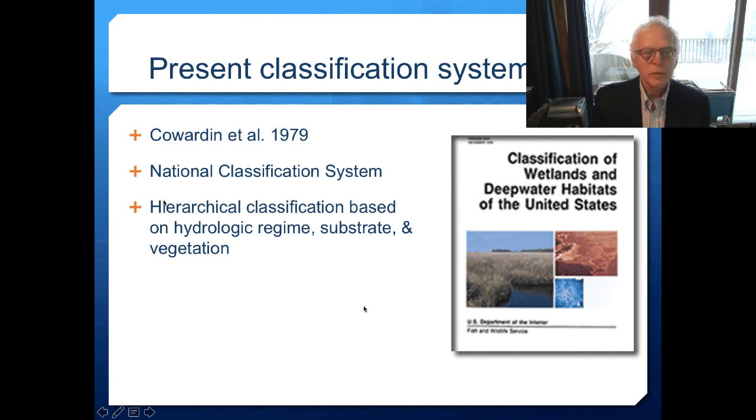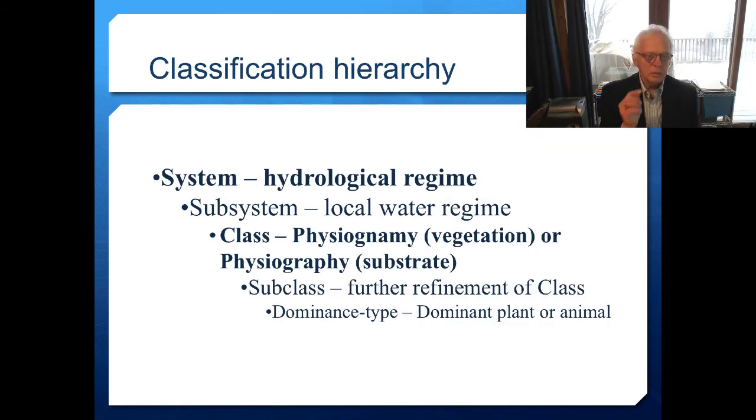The present classification system was created by Cowardin and a series of co-workers. It is the national classification system that's mostly used now, in the United States anyway. It's a hierarchical classification that's based on, again, hydrologic regime, substrate, and vegetation, but much more complex and hierarchical, and I will show you this a little bit here. Here's an example of a classification hierarchy.